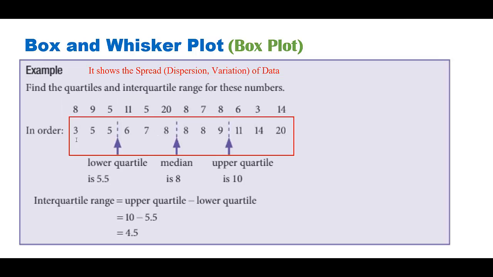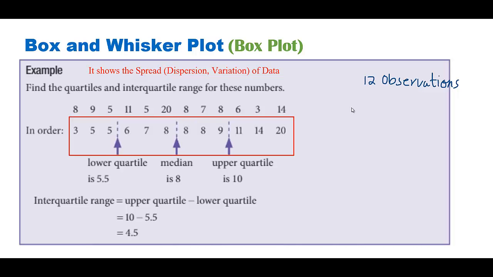We have arranged this data in ascending order and count the number of values: 1, 2, 3, 4, 5, 6, 7, 8, 9, 10, 11, 12. These are 12 values, that is 12 observations. First we have to find the median of this data.